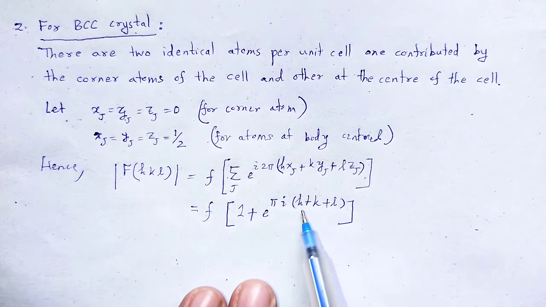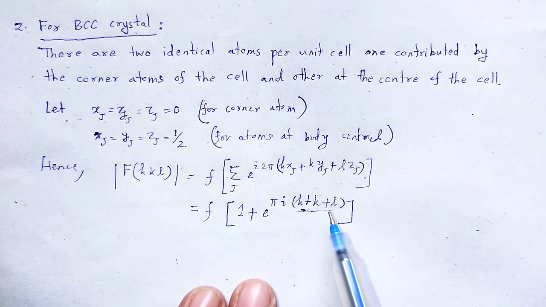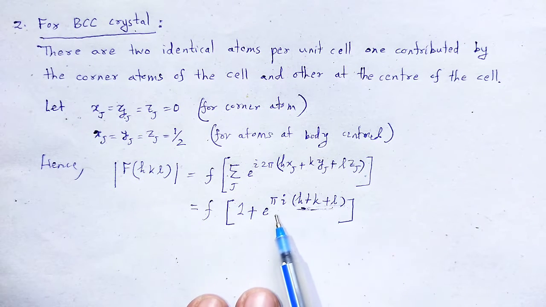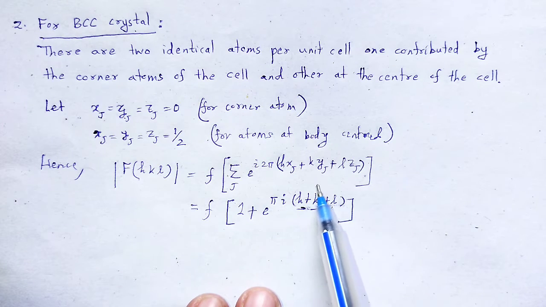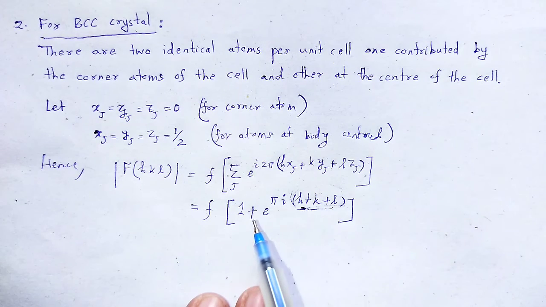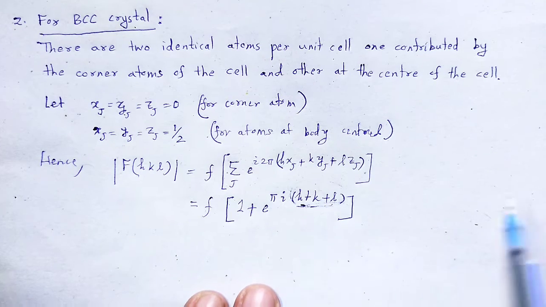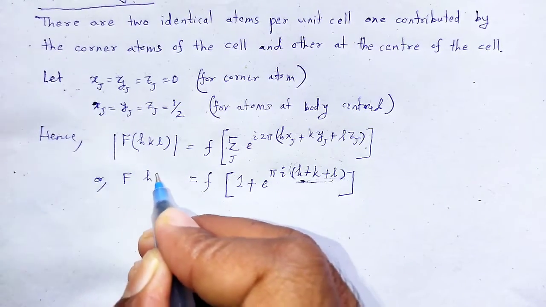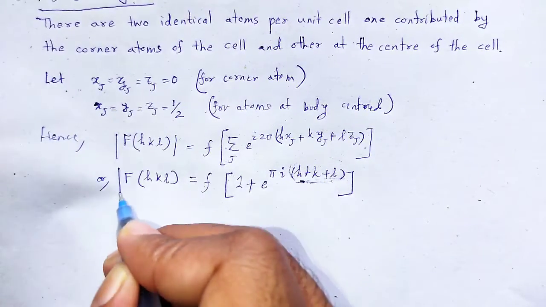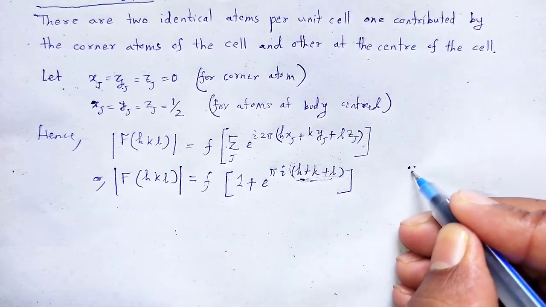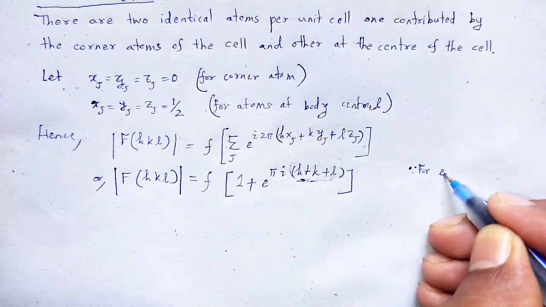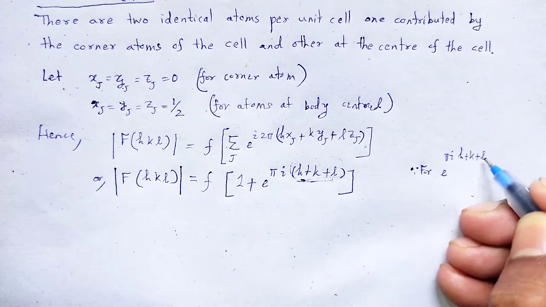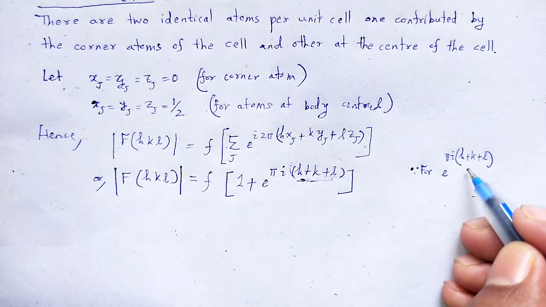Now we have to choose h, k, l. For the structure factor magnitude F(h,k,l), we need e to the power pi i (h plus k plus l).